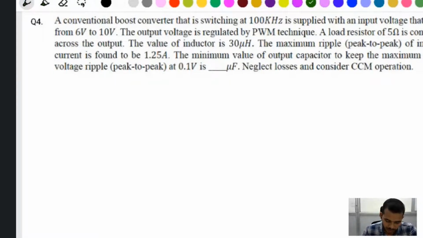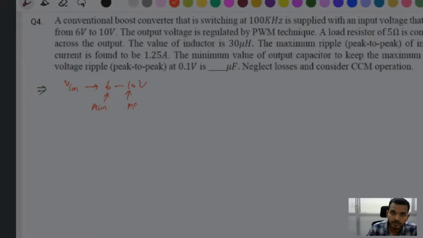Question number 4. A conventional boost converter that is switching at 100 kilohertz is supplied with an input voltage that varies from 6 volt to 10 volt. V in is given 6 to 10 volt.